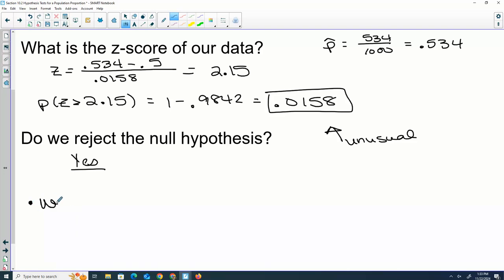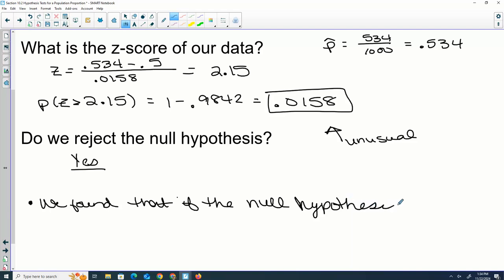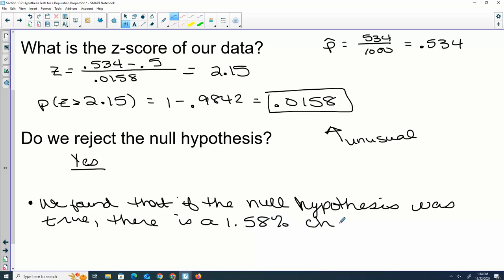So we found that if the null hypothesis was true, there is a 1.58% chance of our sample.